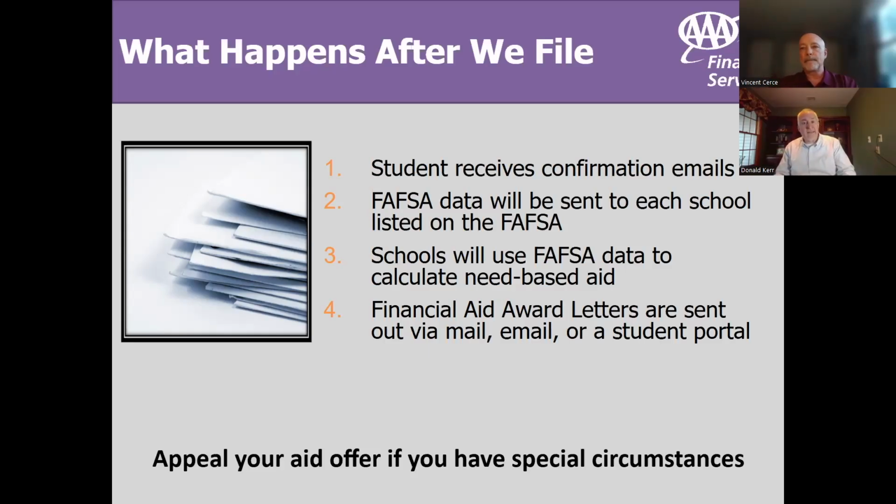Maybe somebody's gotten sick in the family and you have a ton of additional medical expenses. Whatever the situation could be, if there's a reason your financial situation is worse off currently than what it was 2 years ago, you can appeal it. You can talk directly to the financial aid office at the school and say, hey, my financial situation has changed. Here's what's changed. And they can absolutely make adjustments and offer you more financial aid.